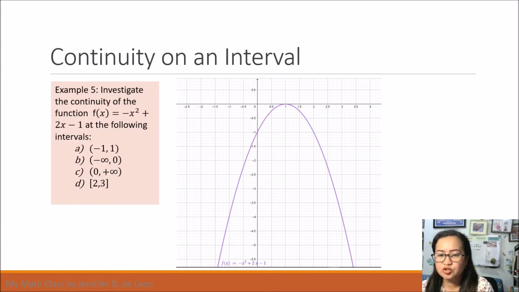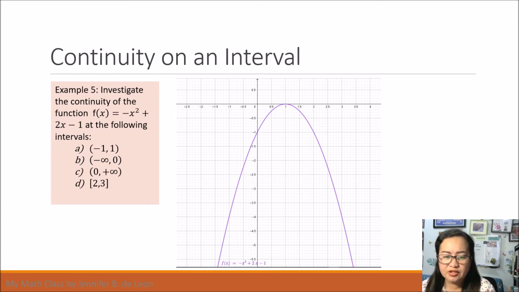So we try the fifth example. Investigate the continuity of the function f of x equals negative x squared plus 2x minus 1 at the following intervals.